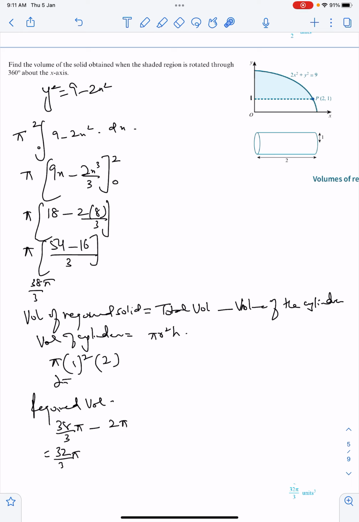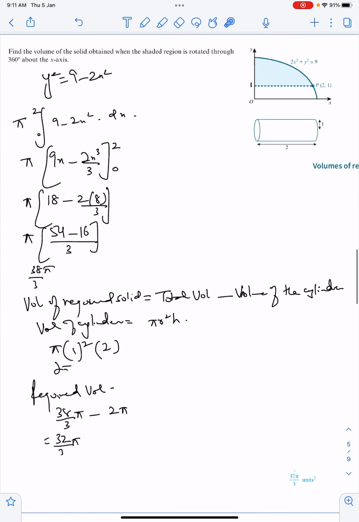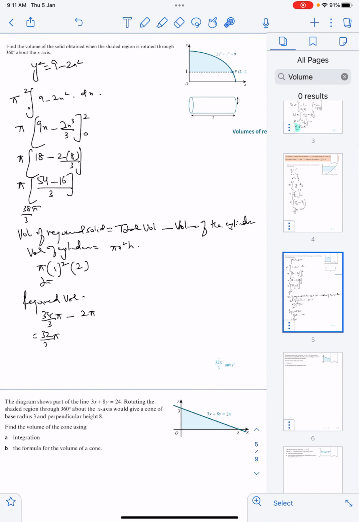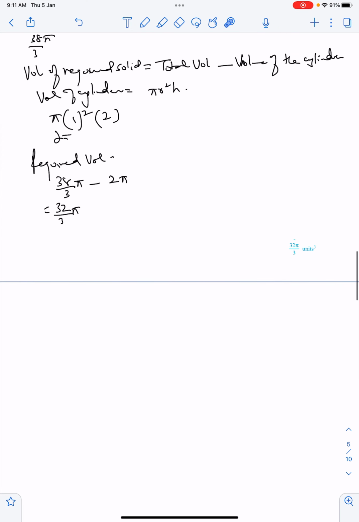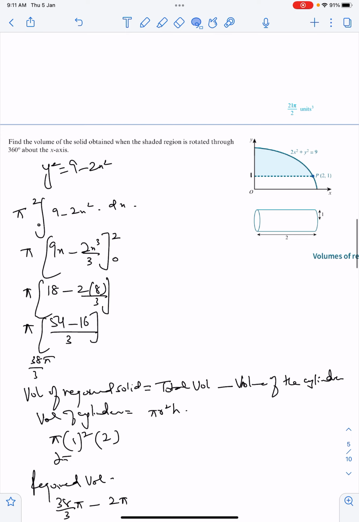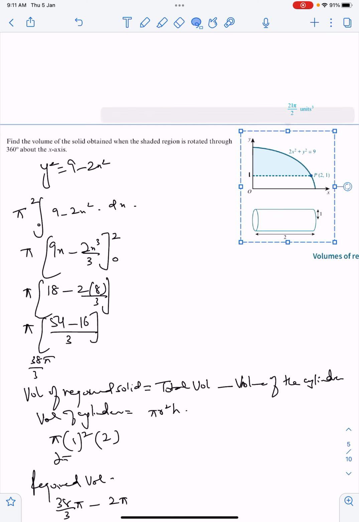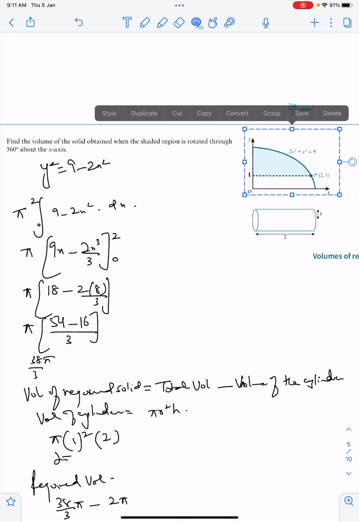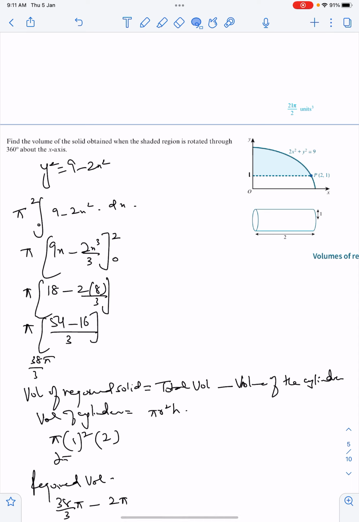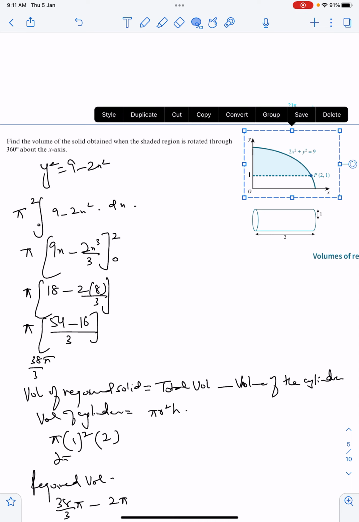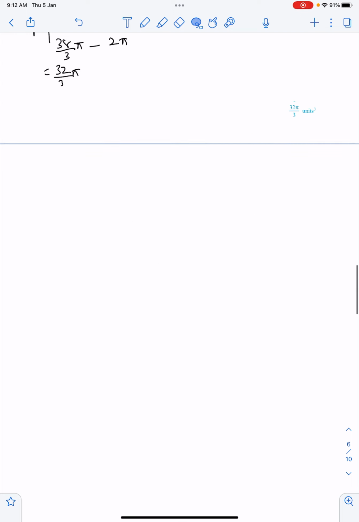There is another way to solve this question which I am dealing with on the next page. The technique which we used when we were learning how to find the shaded area, area between two curves or area between two graphs, we are going to apply the same here.